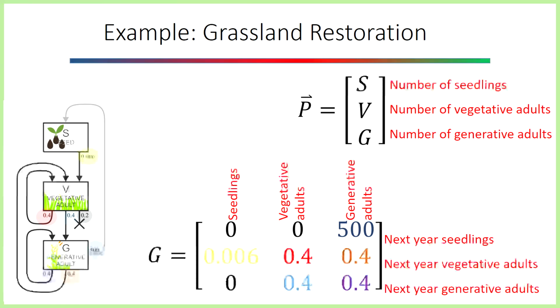But what if we knew the population structure this year and we wanted to estimate what the population structure was last year? If the population structure for last year times G equals the population structure for next year, then the population structure for this year times G inverse should be equal to the population structure for last year.